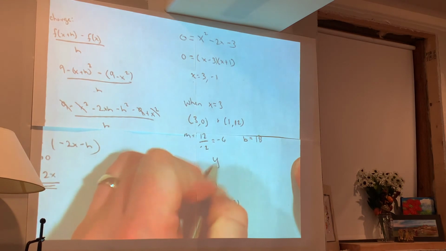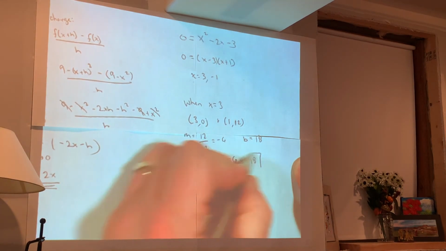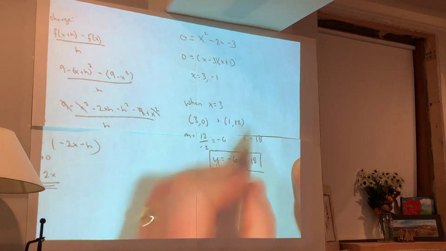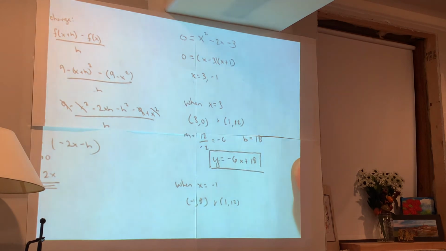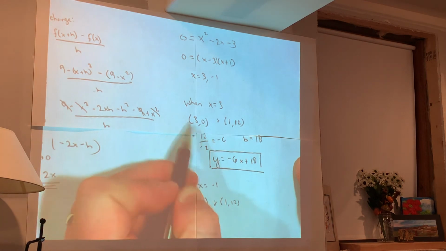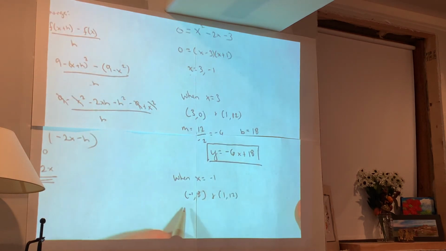So we get y = -6x + 18. I decided not to go point-slope form, just to think about it because of how close this point is to the y-intercept. So that's the equation of the tangent line through the point (3, 0) on the curve and through the point (1, 12).